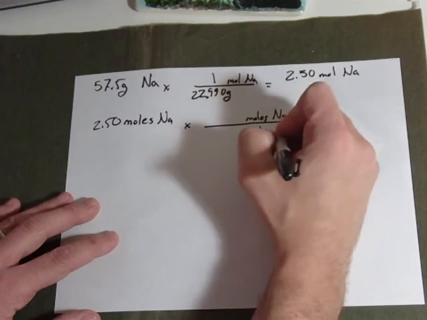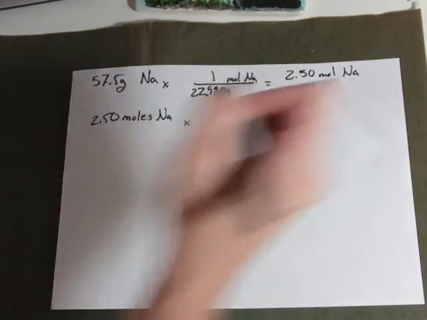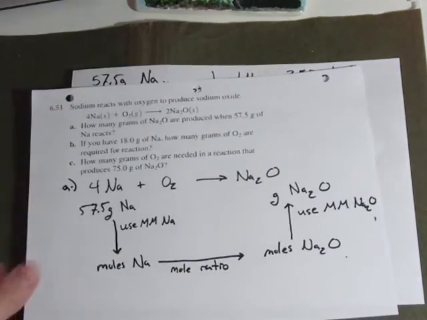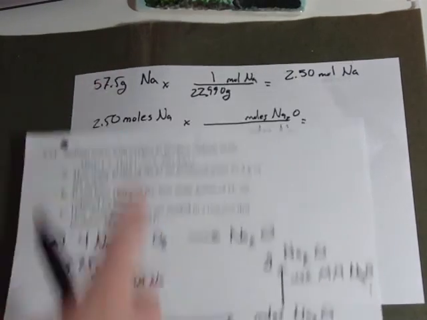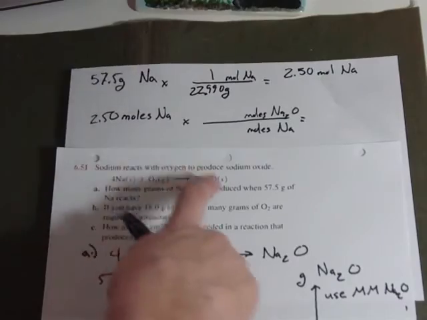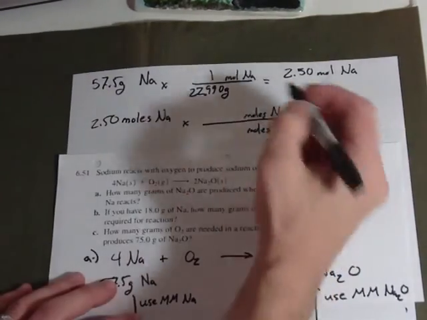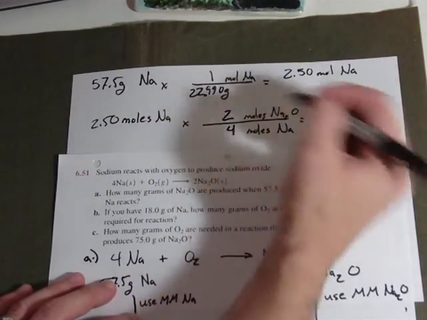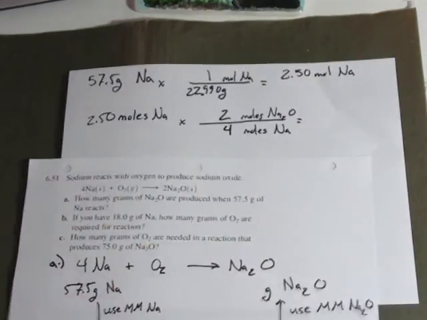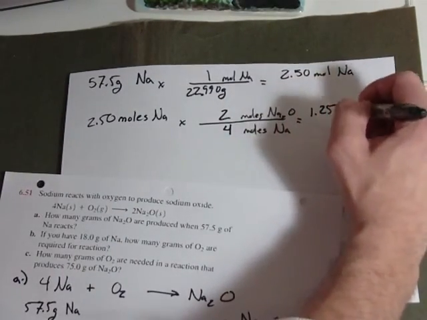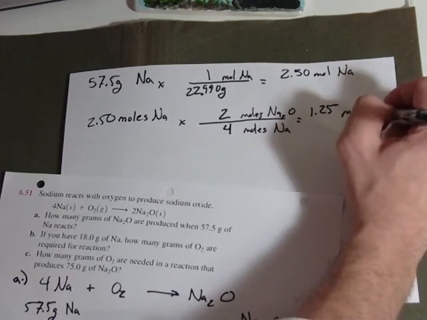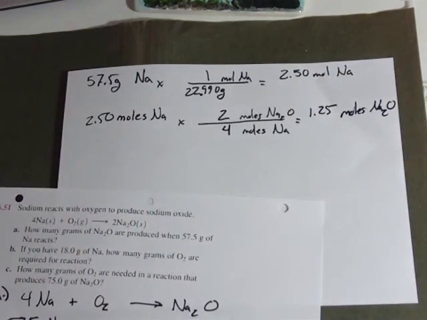Want moles of sodium to cancel out. Looking at our balanced reaction, we find that 4 moles of sodium are required to make 2 moles of sodium oxide. And so that would give us a value of 1.25 moles of Na2O.